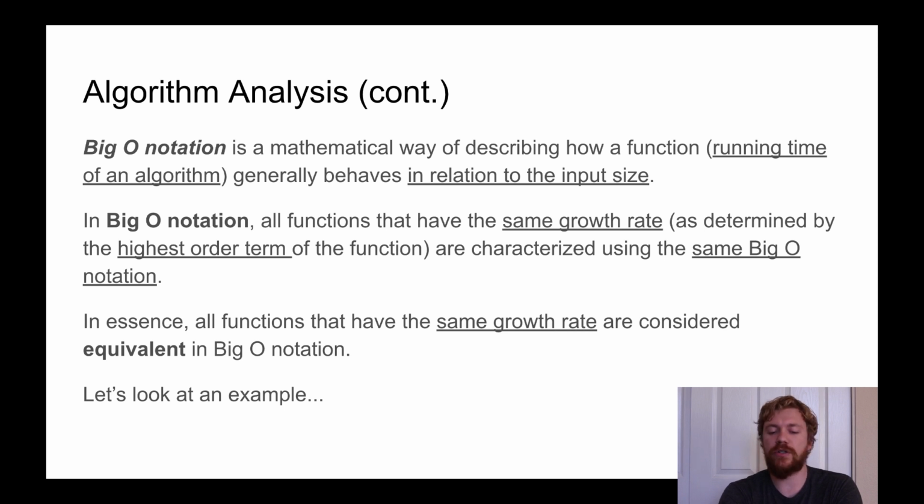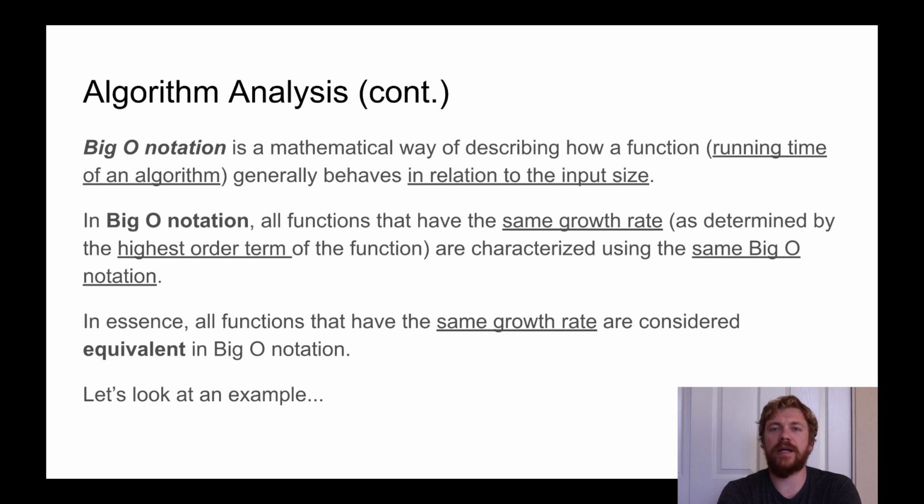In big O notation, all functions that have the same growth rate as determined by the highest order term of the function are characterized using the same big O notation. What this is saying is basically, if your highest order term is 30n squared, this is the same in terms of big O notation as 2n squared.